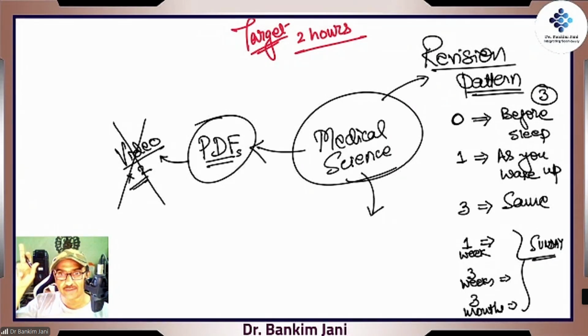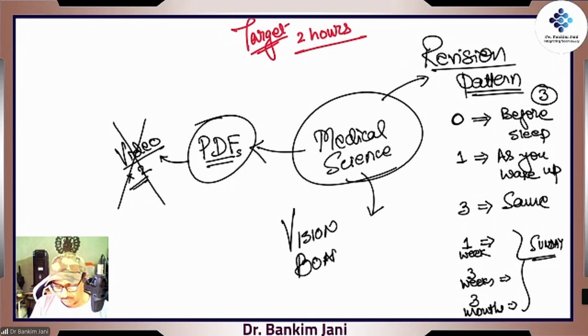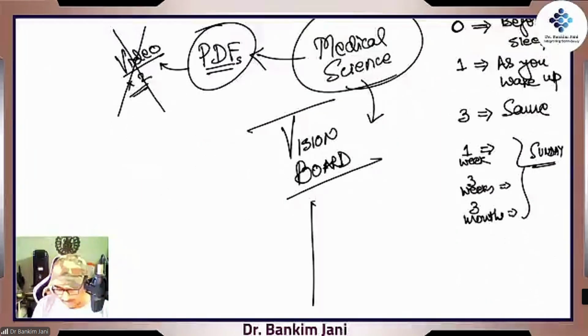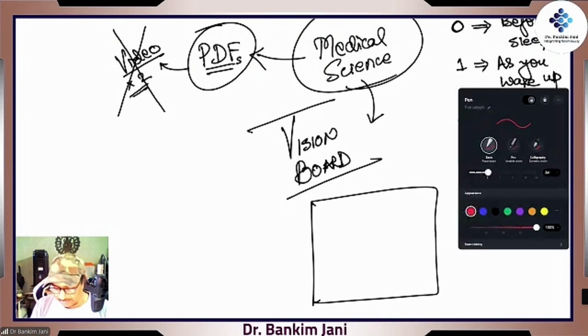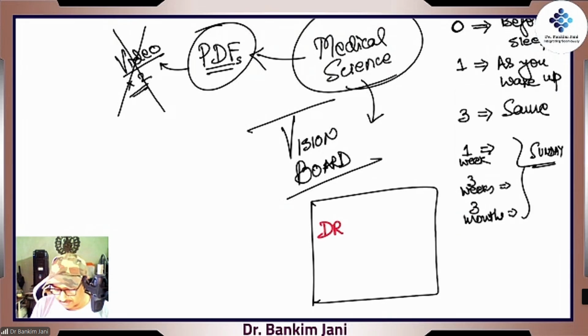So remember that day. Keep that. It is what is called the vision board. And shamelessly, make an image, fearlessly. Write doctor, write your name, write everything you want to be after completion of your MBBS: you want to be MD, you want to be super specialty.